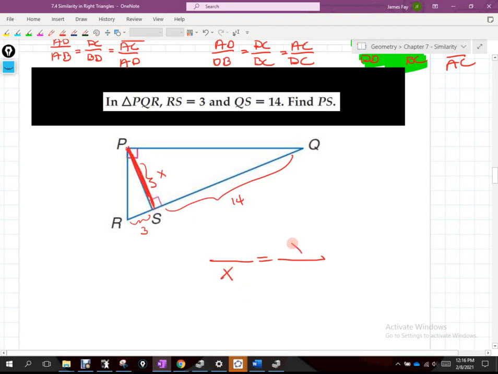So it goes there, in there. Is that okay with everybody? You will never have anything other than an altitude in those two spots, no matter what we do. You'll always have an altitude. Okay. Now, because it was the altitude on the interior, then it's the geometric mean between that part and that part of your hypotenuse. So I'll put a 3 here, and I'll put a 14 there.